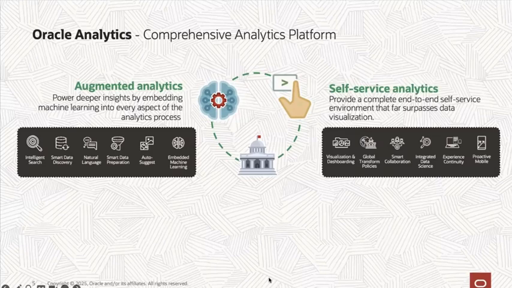OAC has built-in AI capabilities that provide you with augmented analytics, like our auto insights features or natural language queries. We also can provide self-service analytics, which is that end-to-end self-service environment for data visualization.